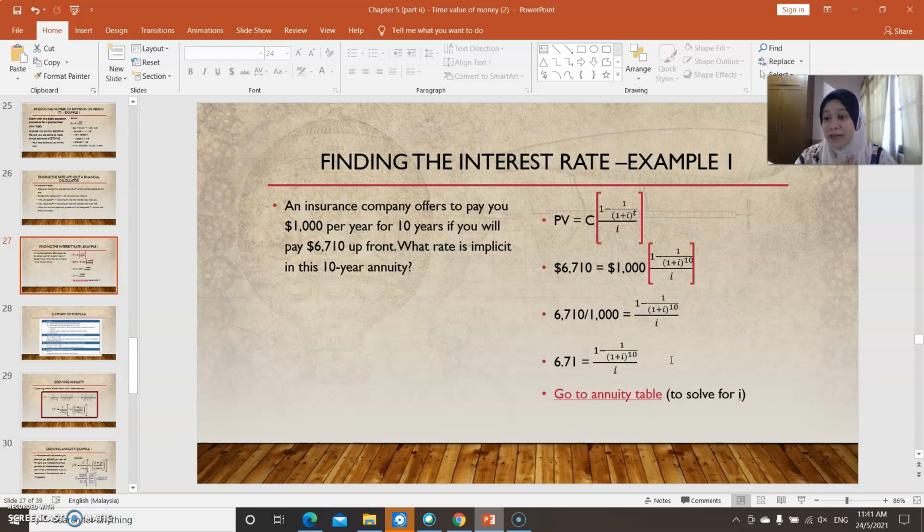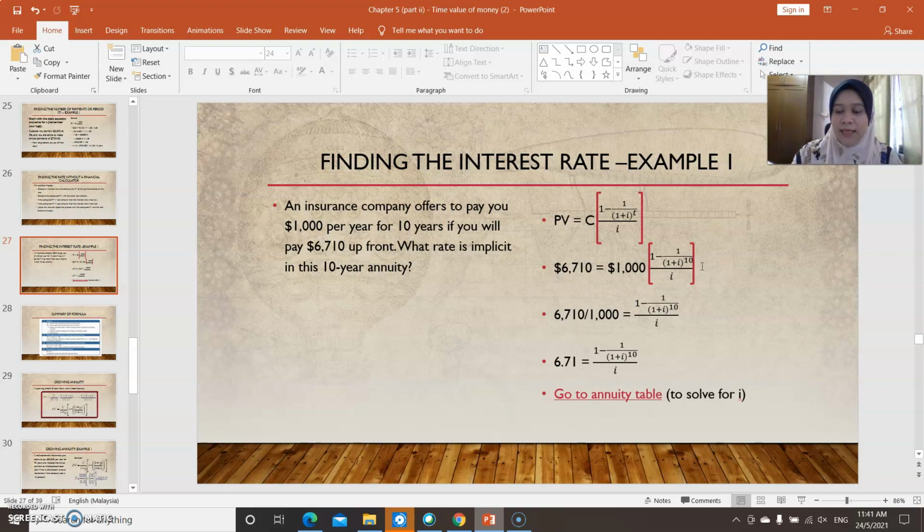If you don't believe whether the interest rate is 8% or not, you just plug in 8% here. It will give you 6710. Let's try it. 1.08 to the power of 10, you will get 2.159. Then 1 divided by the answer, you will get 0.4632.